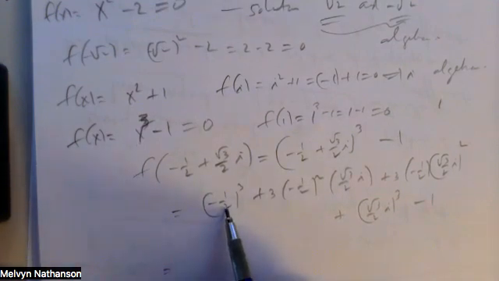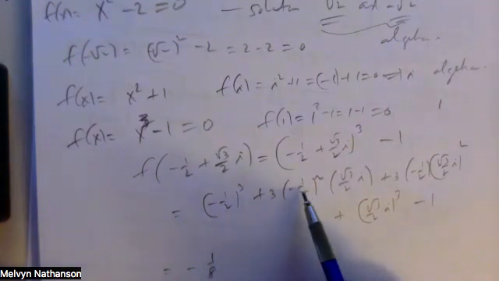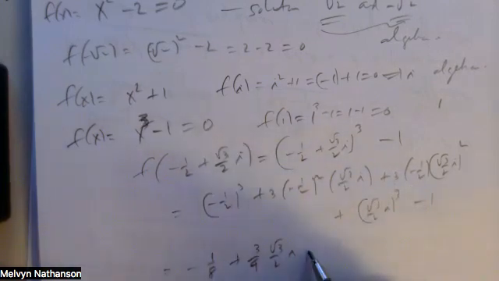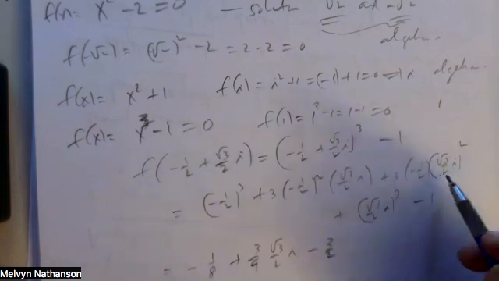So if you cube minus a half, you get minus an eighth. Minus a half squared is 1/4, so 3/4 times root 3 over 2 i. I have 3 times minus a half, that's minus 3/2.